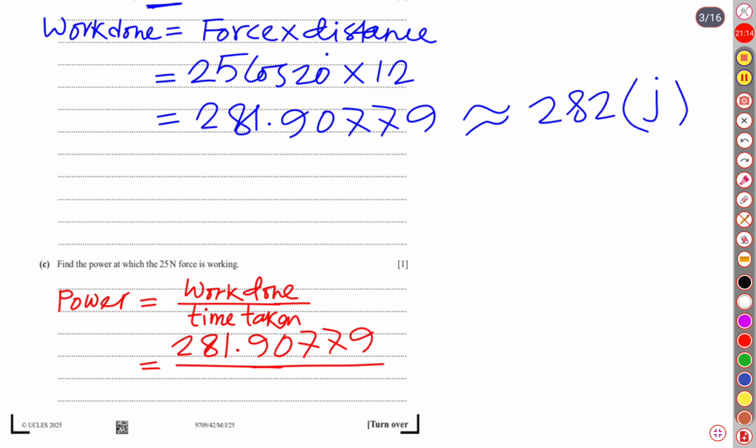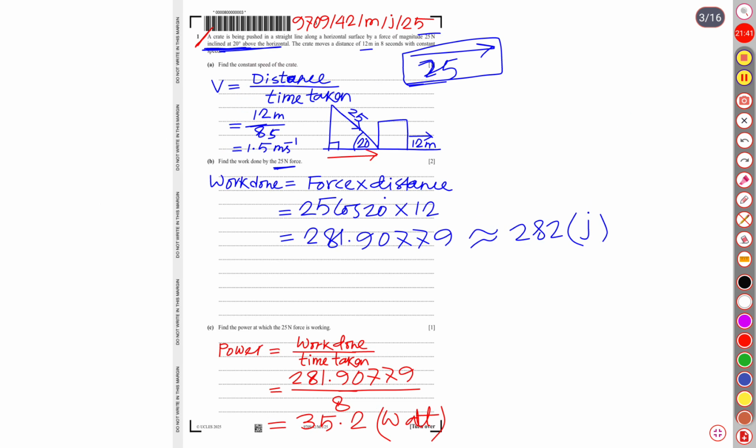How many seconds were taken? 8 seconds. So if we use our calculator, our power is going to be 35.2 watts. So this is the answer to all of the parts of this question, and it's very simple, the fundamental concept of kinematics. Let's see the next question.